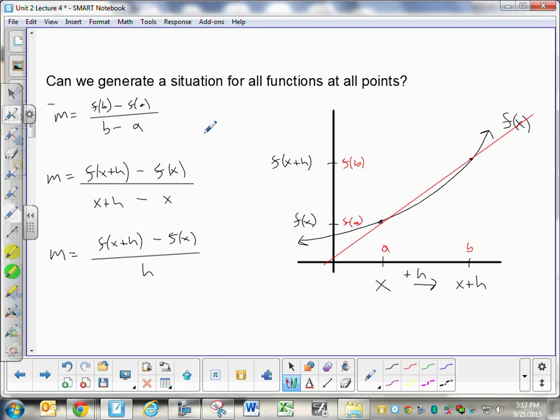Okay, well, all of these three are just slopes of secants. And it's a slope of secant of 2 points with an h distance away from each other.